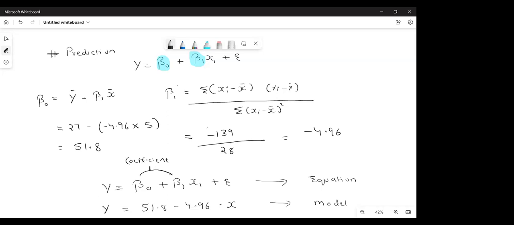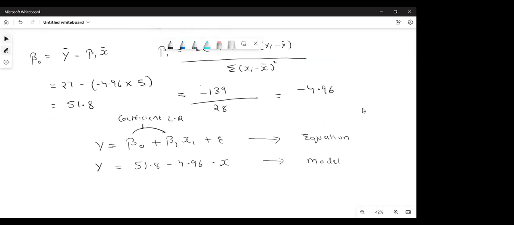So we call them coefficients of linear regression. Clear. So here we have some numbers. This is the value for your beta naught, and this is the value for your beta. Clear. Easy, guys.